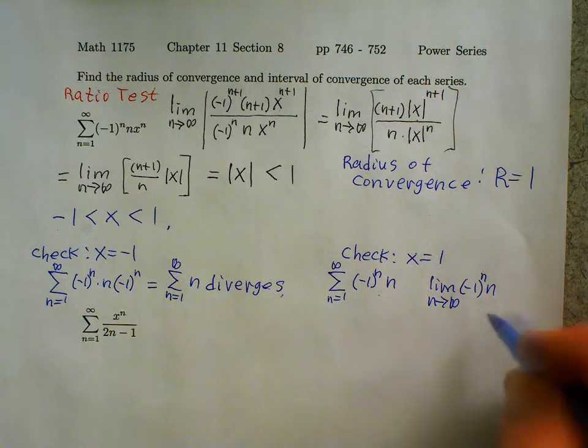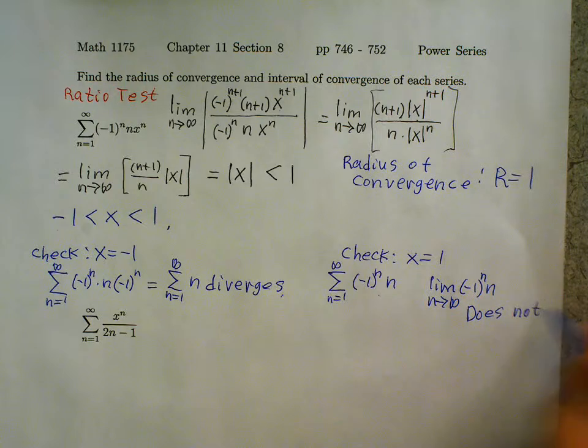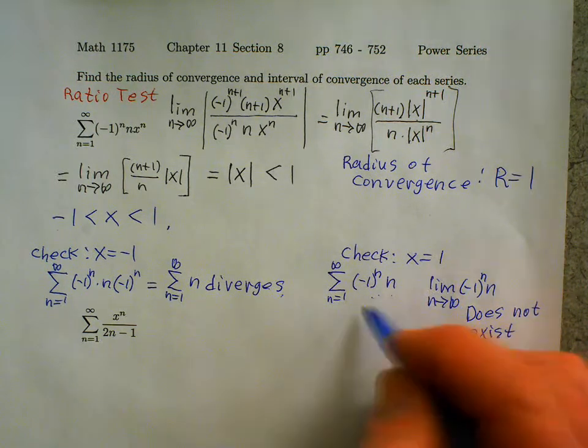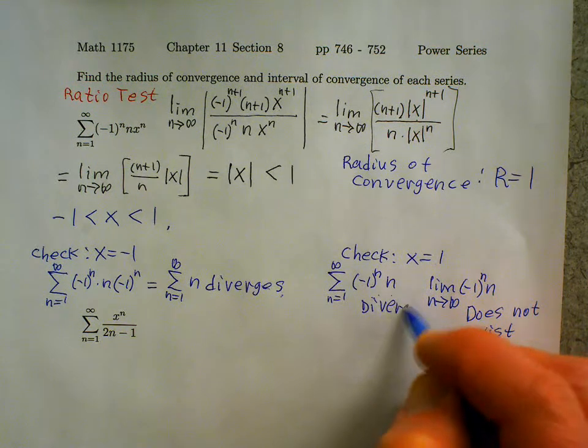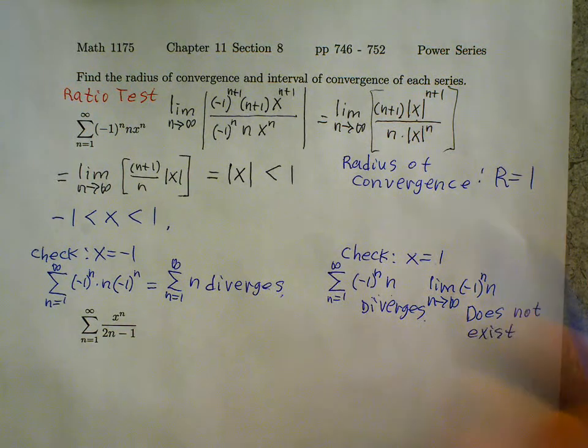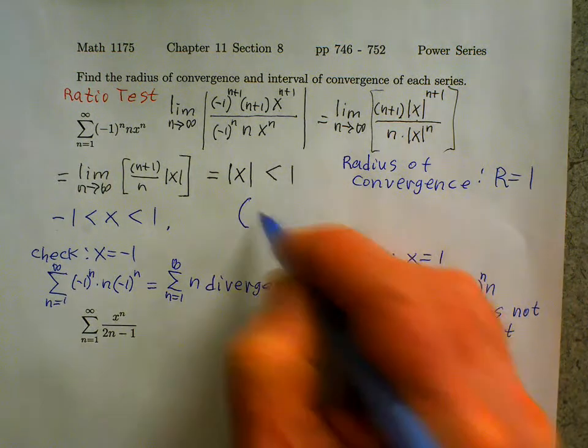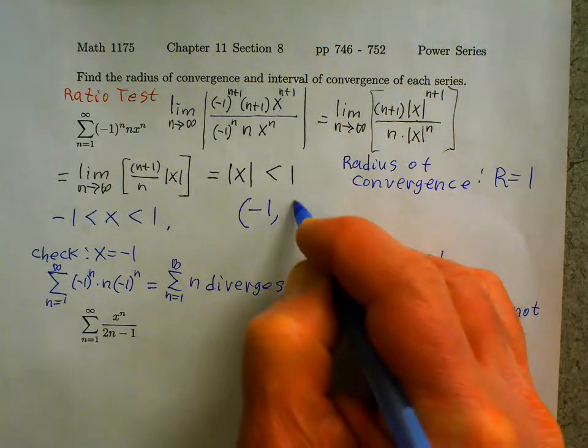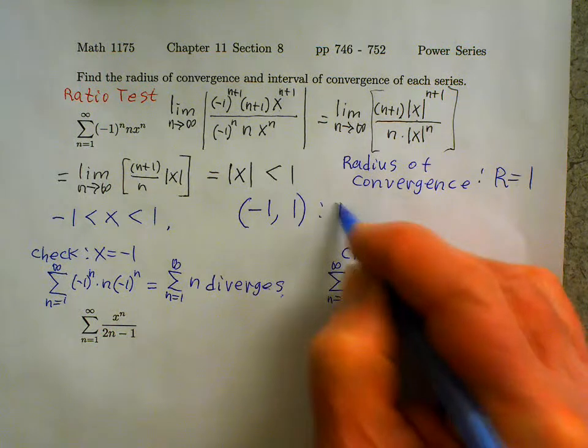So the limit does not exist. The series when x equals 1 diverges. And so the interval of convergence is the open interval from -1 to 1. That's the interval of convergence.